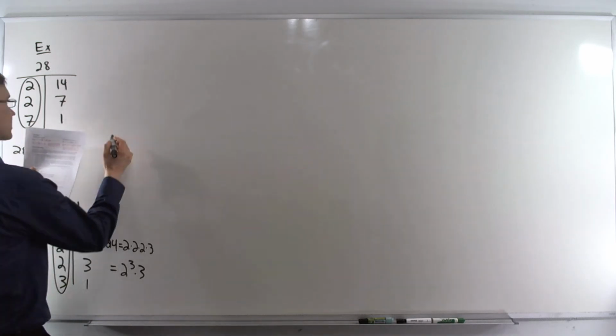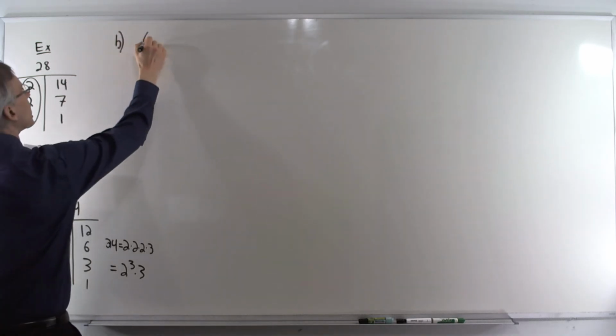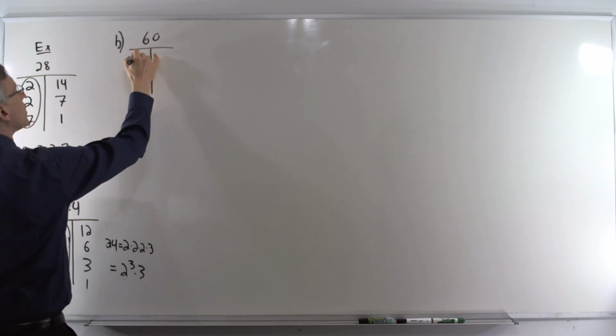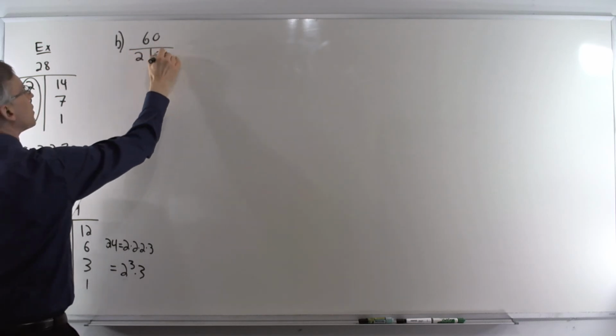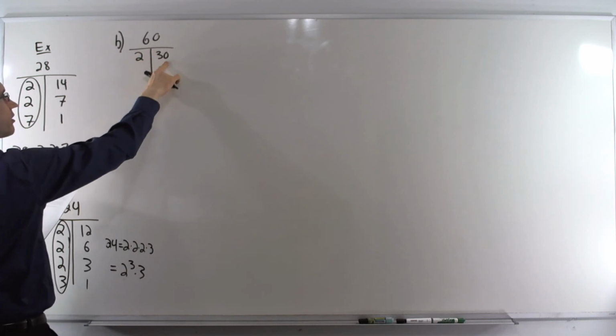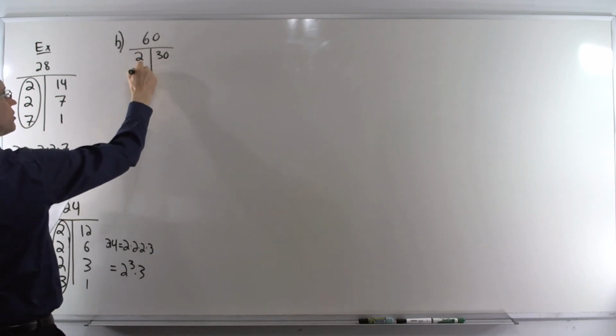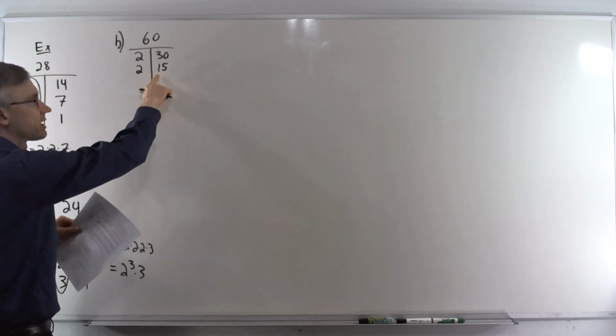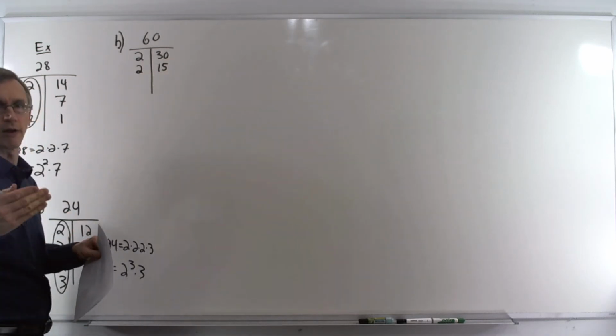B, I want to do 60. I'm going to divide 60 by 2 to get 30. I'm going to divide 30 by 2 to get 15. 15 is not even, so it's not divisible by 2. So I'm going to go to the next prime, 3.